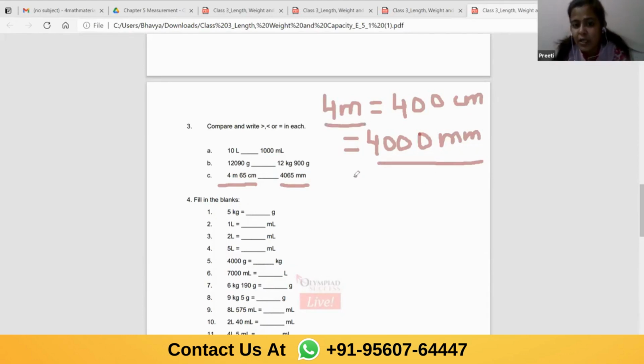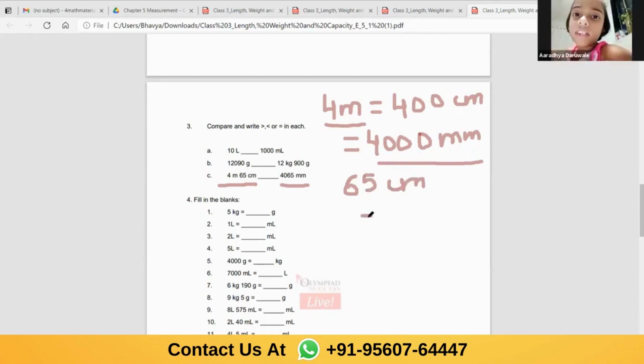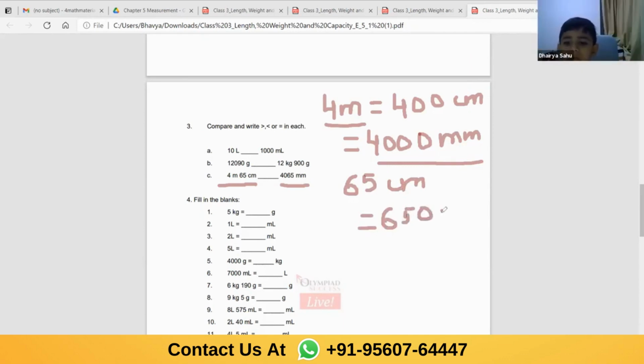Okay. Now what about 65 centimeter? 65 centimeter is equal to how many millimeter? 650 millimeters. Correct. Millimeters.